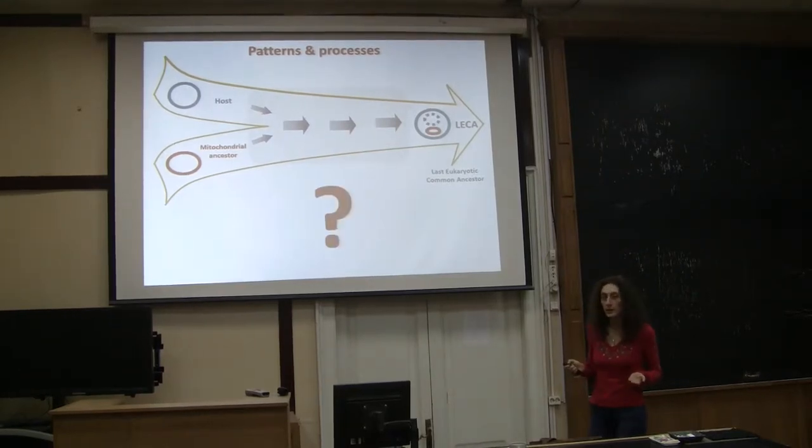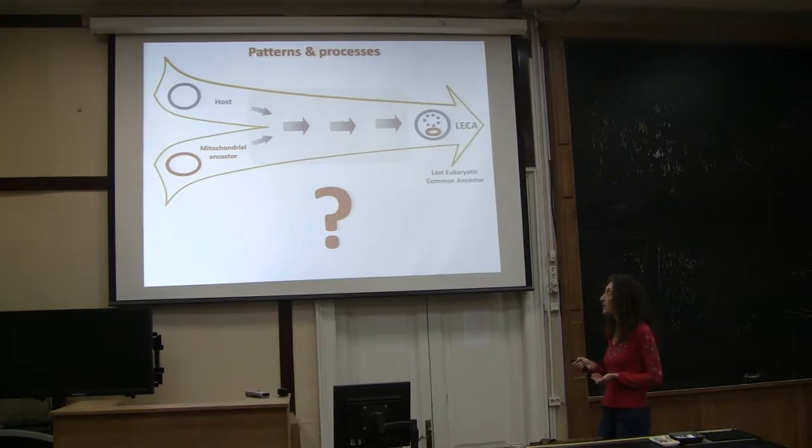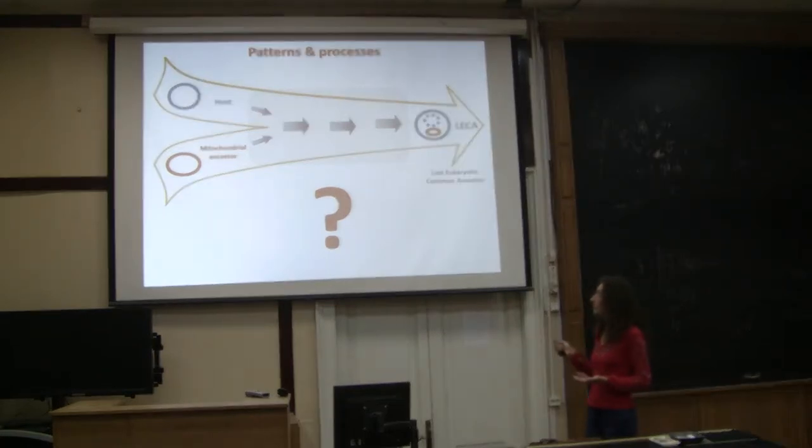So we don't know the details of how this process occurred, but people are trying to answer this question, which is really the origin of eukaryotes, by looking at the patterns, among other things, of gene distribution and features in general.